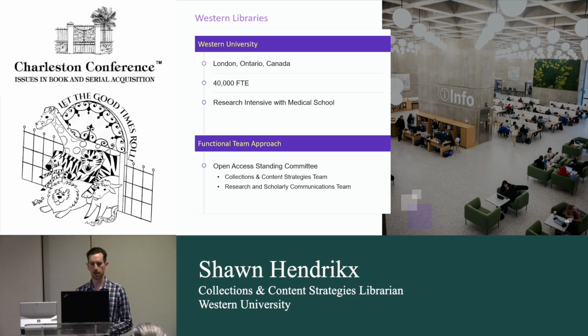And the primary role of that committee is to review our OA memberships and to assess them, and also we have an OA budget, which is separate from our regular collections budget, that is dedicated to our pure OA memberships. So not transformative or read and publish agreements, but our Diamond OA and OA infrastructure, that sort of thing.